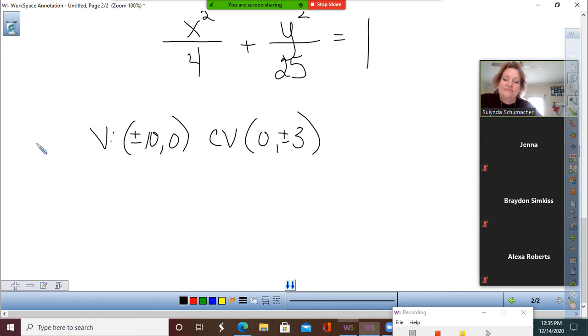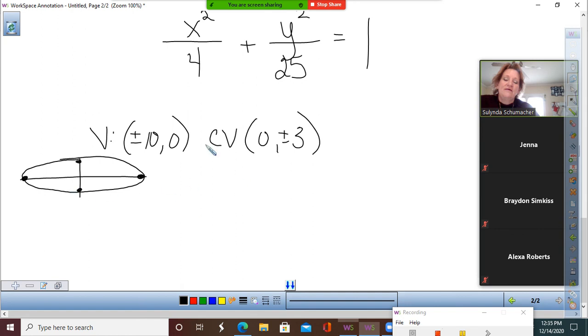This is stretched longer on the x, right? If you think about it, if we graph it, we're plotting 10, 0, and -10, 0. Our co-vertices are at 0, 3, and 0, -3. So this is stretched side to side. Again, where's my center fall?